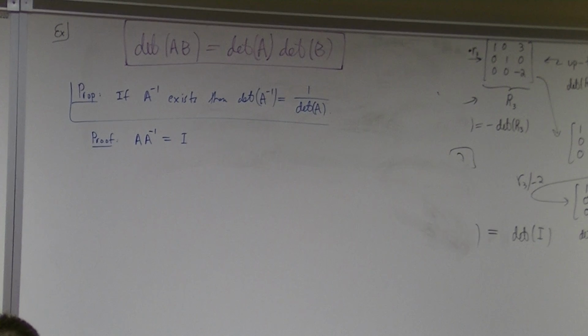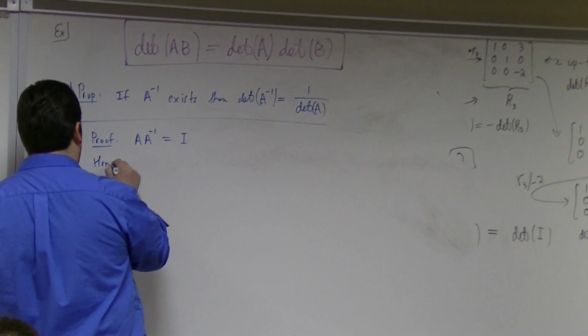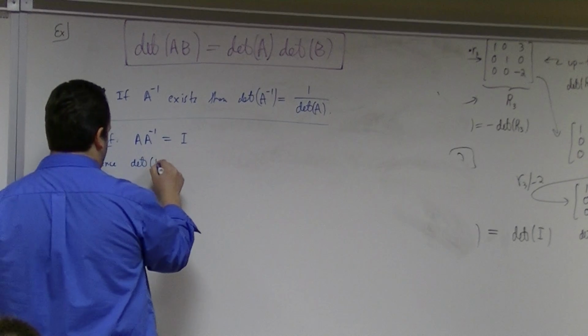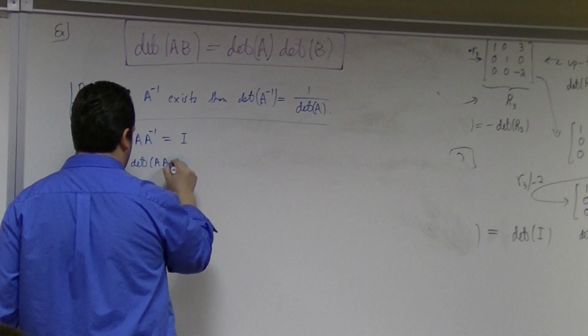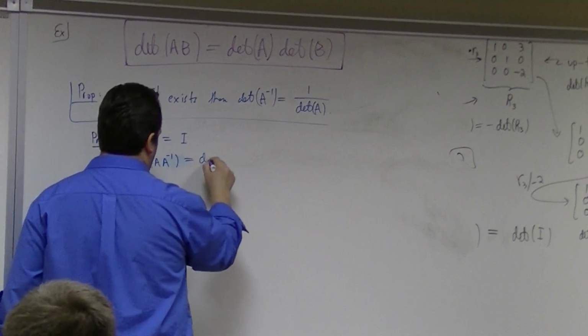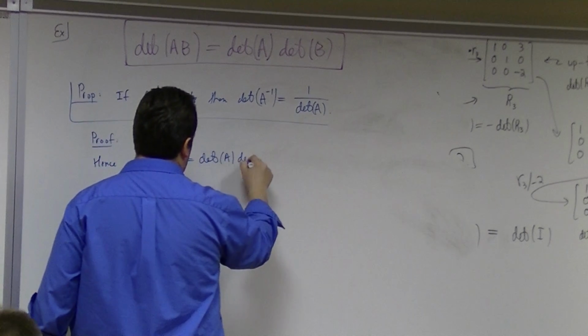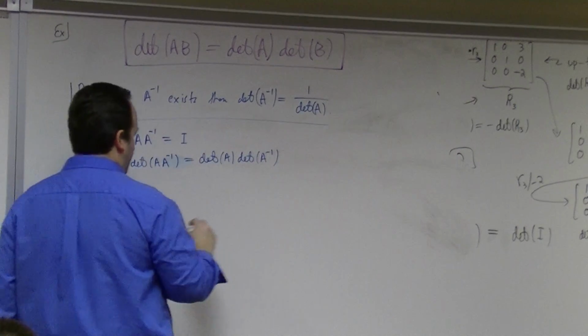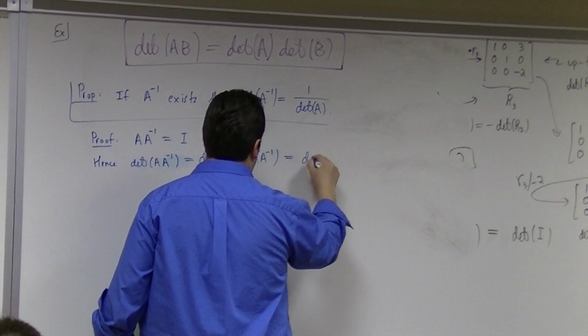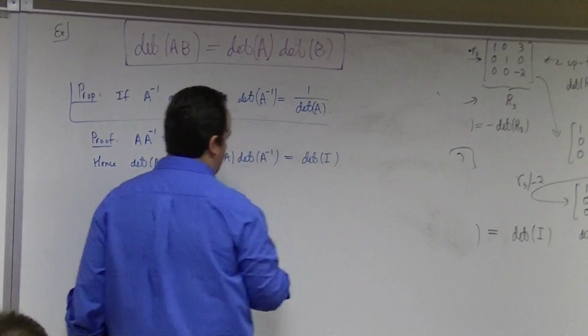Right? Yes. You just suffered through me talking about the proof of the boxed identity right above, so let's use it. The determinant of A times the determinant of A inverse is equal to the determinant of A times A inverse, using the identity boxed above, right? And that's equal to what? Determinant of identity.